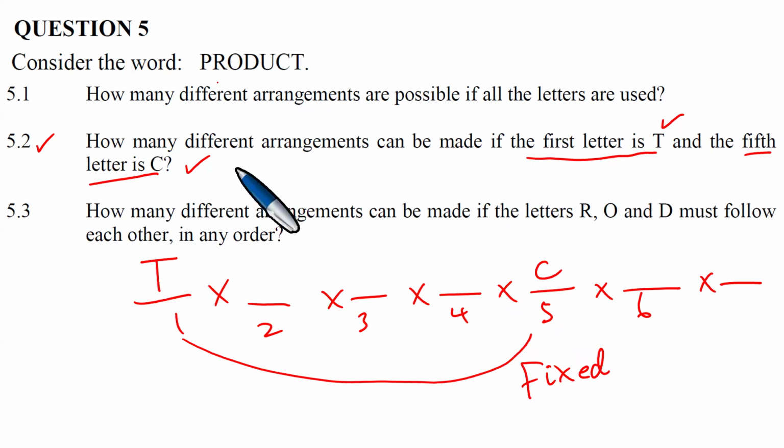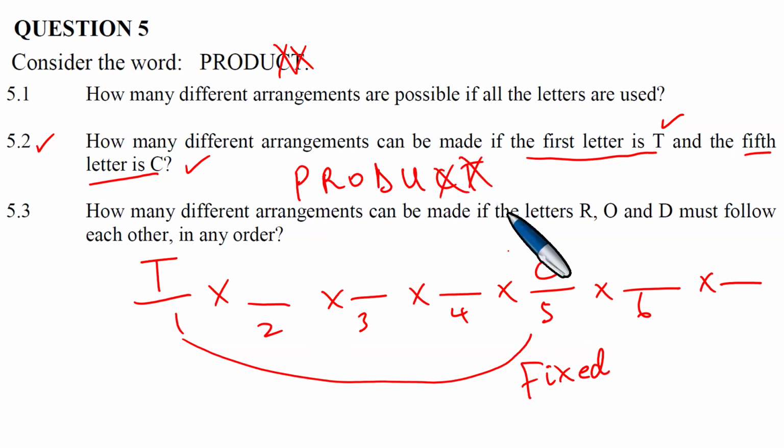So in the word product, it means that you cut out the T, you cut out the C, and you are left with how many letters out of the 7? Out of the 7, we removed 2, so we're left with 5. So we can deal with P, R, O, D, U, and the C and T are out of the picture.